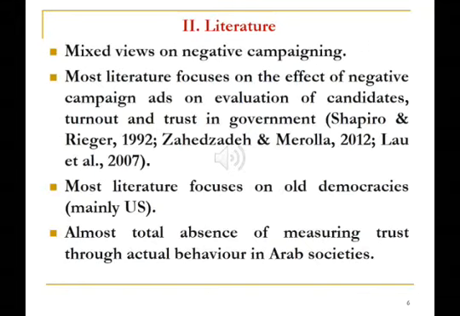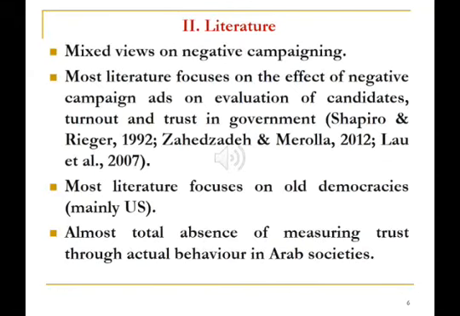As I've said, hardly any study on negative campaigning focused on transitional democracies, as Egypt at that time was. So we think we have a contribution as far as the topic is concerned, which is the effect of negative campaigning on interpersonal trust. And we also have a contribution as far as the case study is concerned, which is Egypt, not the US, not an old democracy.